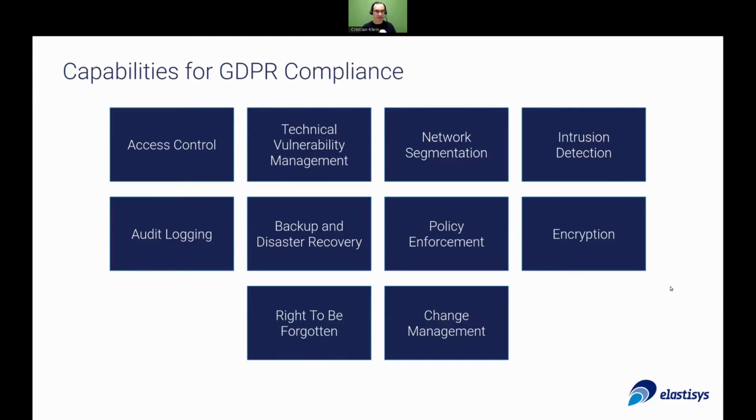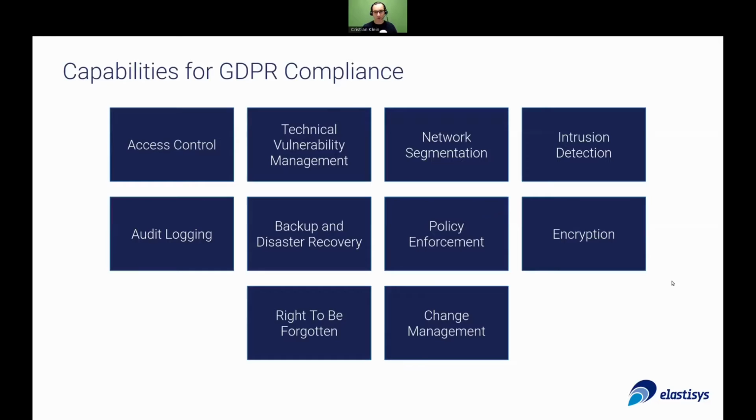Capabilities such as access control, technical vulnerability management, network segmentation to make sure that an attacker gaining access to part of your infrastructure, to one microservice, cannot move laterally and infect and also take data from another microservice. Intrusion detection, audit logging. You need to make sure that you have backup and disaster recovery. And GDPR has a subtle implication not only on actually doing backup and disaster recovery, but also how you're doing backup and disaster recovery.